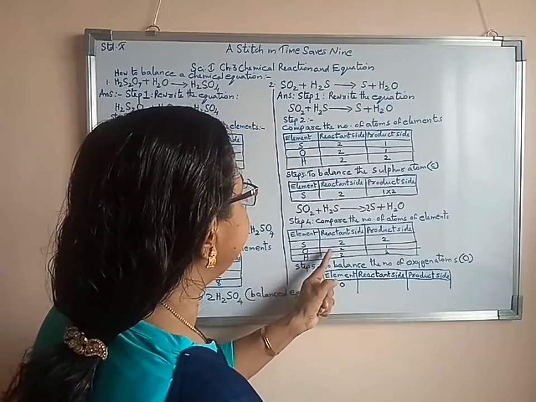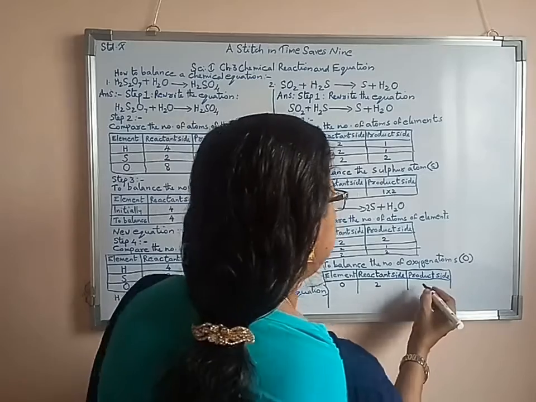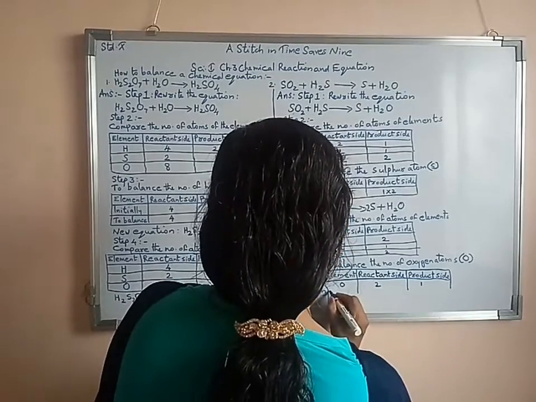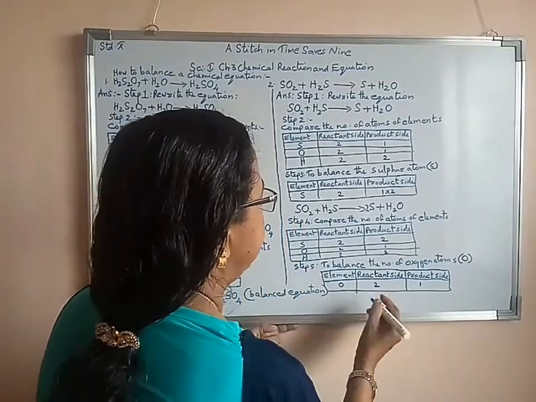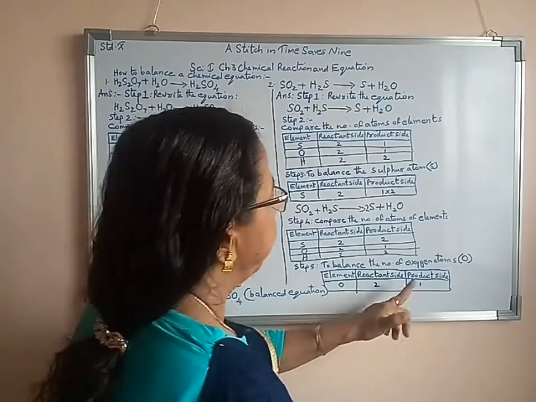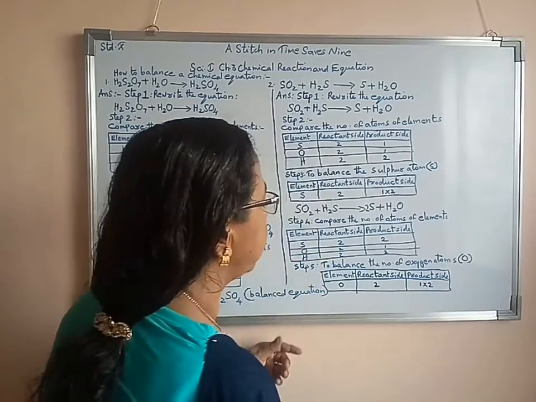Reactant side has how many oxygen? 2 oxygen. Product side how many oxygen? 1 oxygen. So now we have to balance the oxygen's number in the product side. For that we have to multiply 1 with 2.